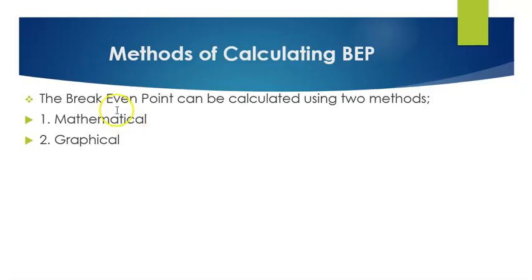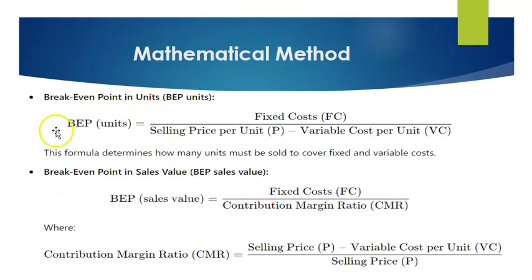So let's start with the mathematical method, the formulas that are there in calculation on break-even analysis. The first thing they'll ask you in an exam or in a test or quizzes is to calculate the break-even point in units. So break-even point in units is given by fixed cost divided by selling price per unit minus variable cost per unit.